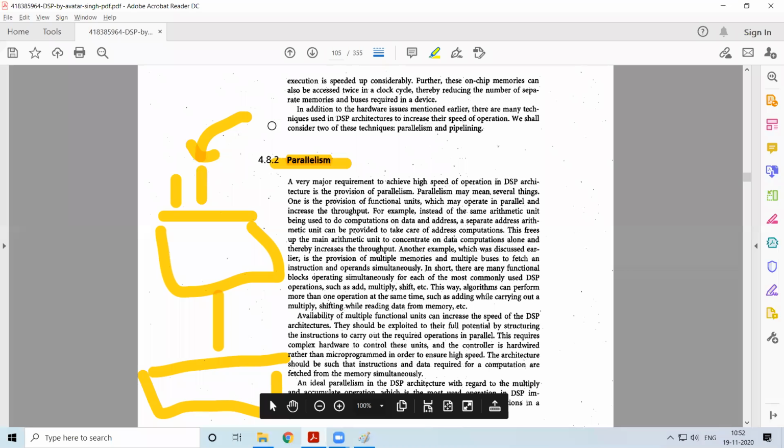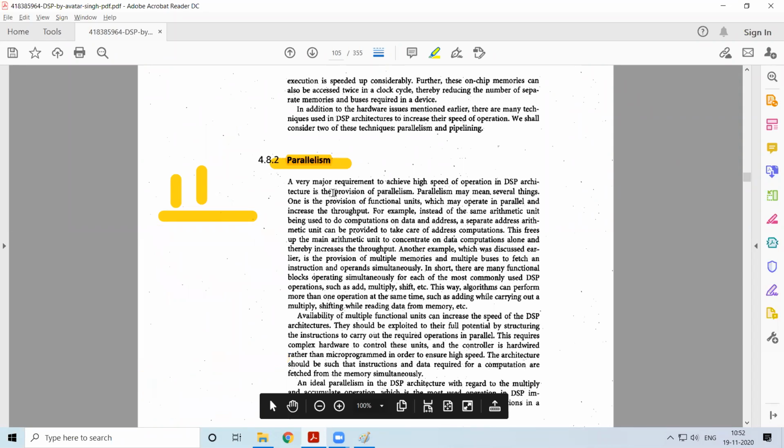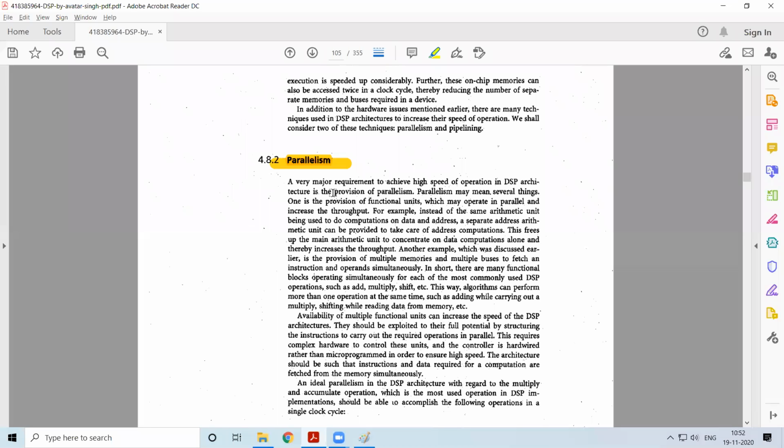If there is only one ALU, it has to perform addition, multiplication, and fetching of the addresses, because even addresses have to be added, decremented, subtracted. There are mathematical operations involved, and we saw even in bit reversed or circular addressing, we have to perform those mathematical operations.